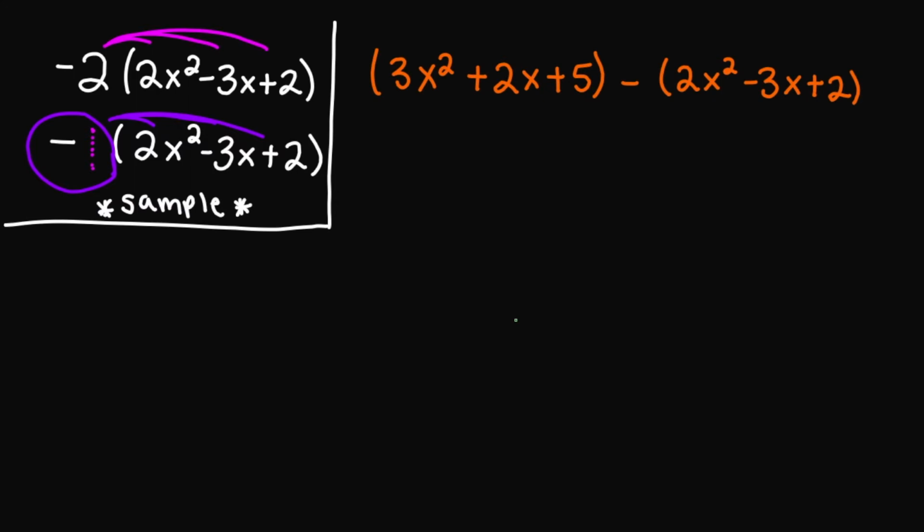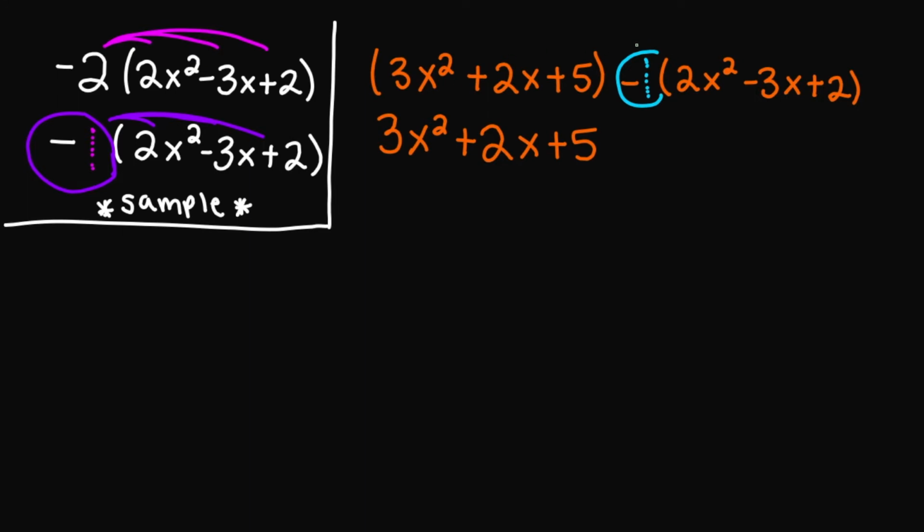So let's look at our first example. We have 3x squared plus 2x plus 5 minus 2x squared minus 3x plus 2. First, we're going to go ahead and clean this up a little bit. So we're going to do 3x squared plus 2x plus 5. Remember, you have to distribute this negative 1 that we have here inside all of the terms inside this expression.